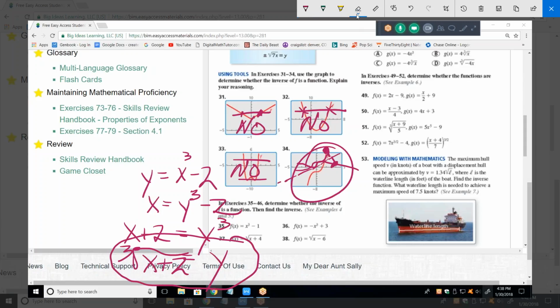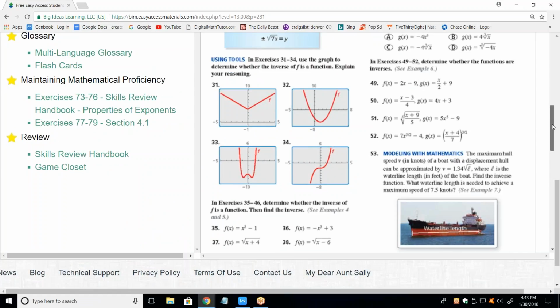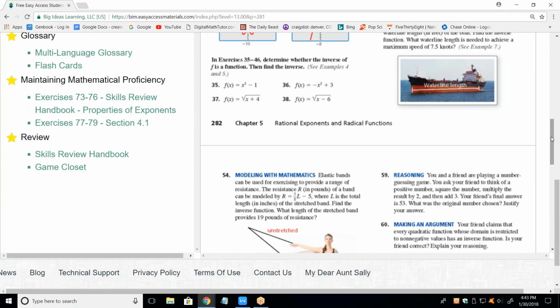Okay. 35 next. 31 through 38. Yes. So determine whether the inverse of f is a function and then find it.